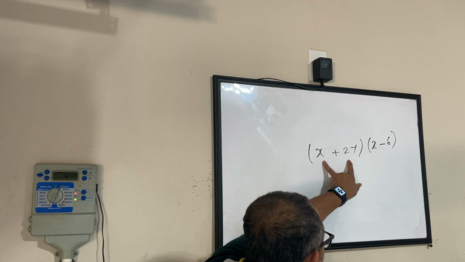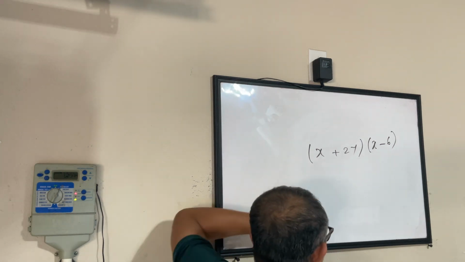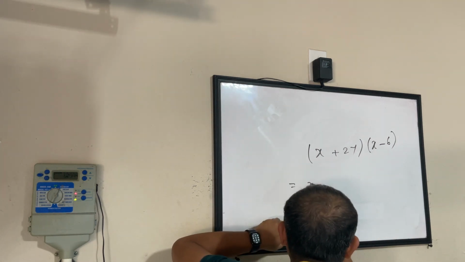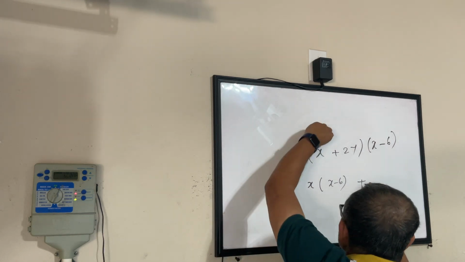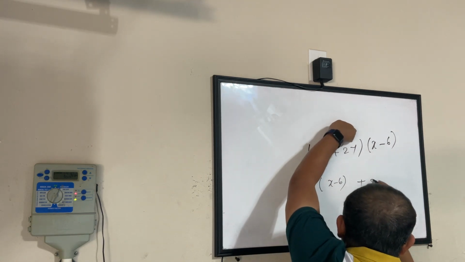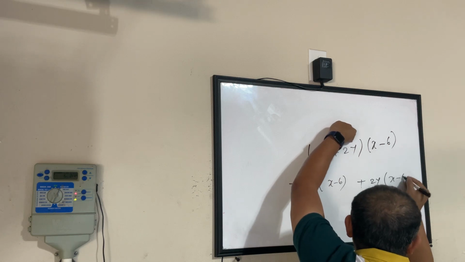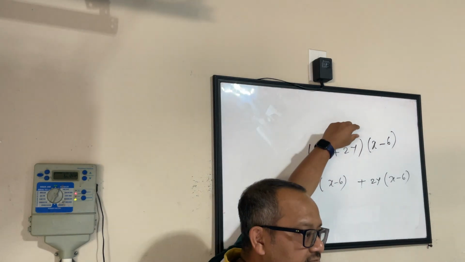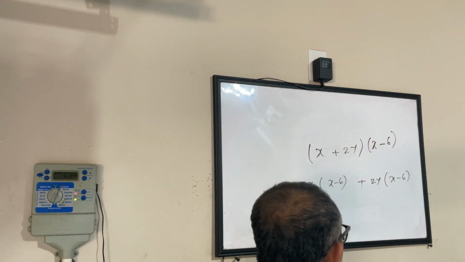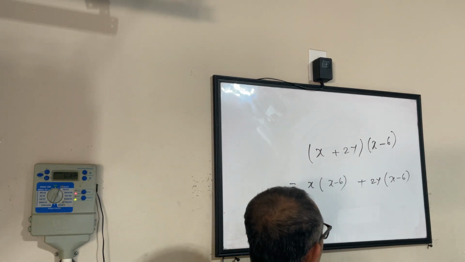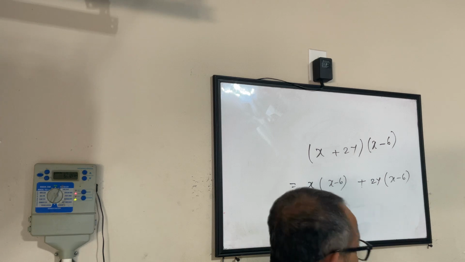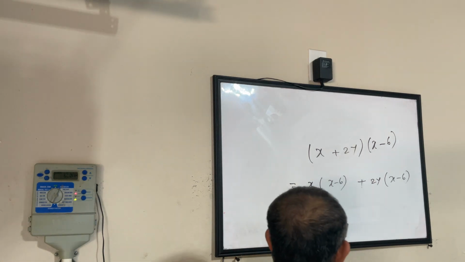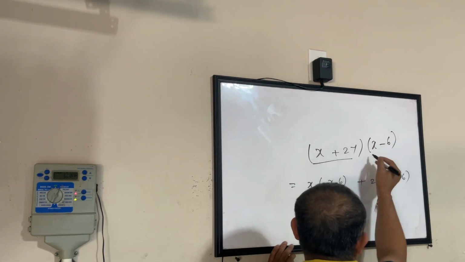So meaning, how will I break the bracket open? I will say, okay, fine. This means x into x minus 6 plus this into this plus this into x minus 6. Or, if I don't want to listen to what Mr. Biren Kumar says, I will do it differently. I will not multiply this guy with this guy.